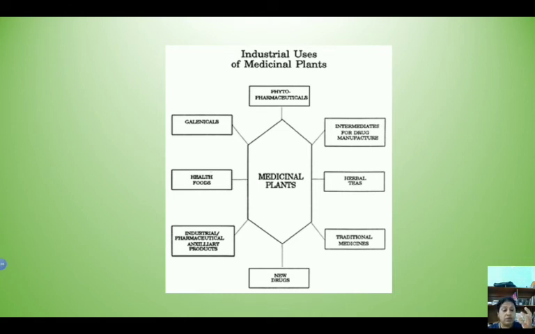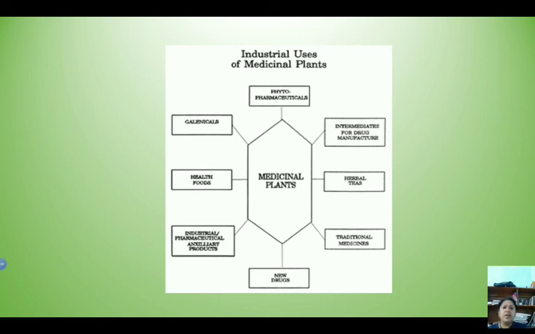Then in the formulation of new drugs, we take phytochemicals from different herbs and formulate new drugs. Also in industrial, pharmaceutical, and ancillary products, that is, products we obtain from these phytochemicals. Then also in the health food industries. The industrial uses of medicinal plants are vast. The industry is flourishing a lot, mainly based on the phytochemicals present in the medicinal plants.